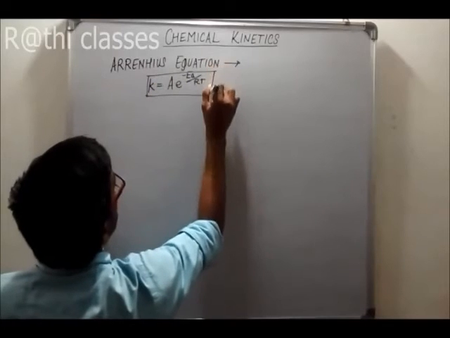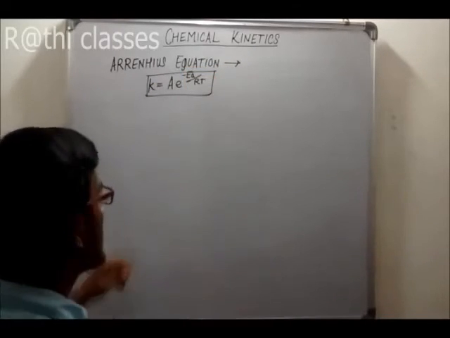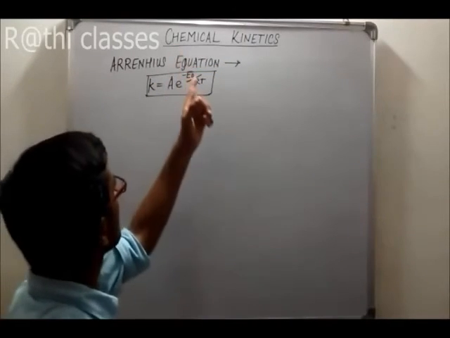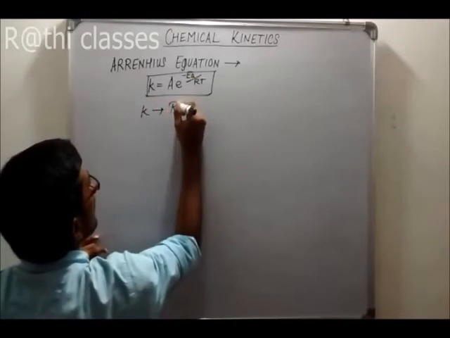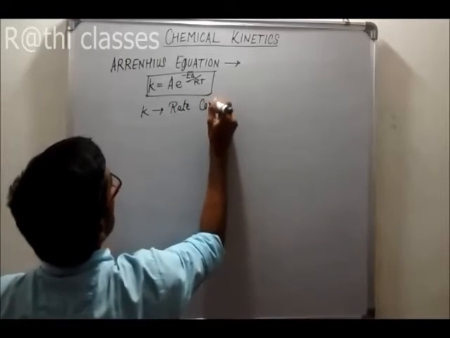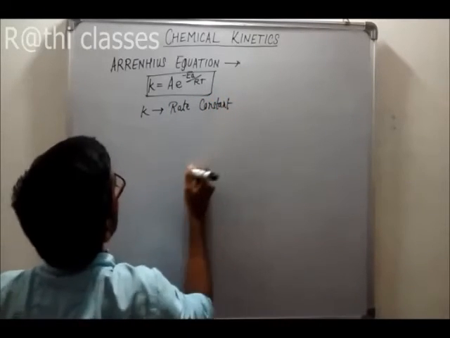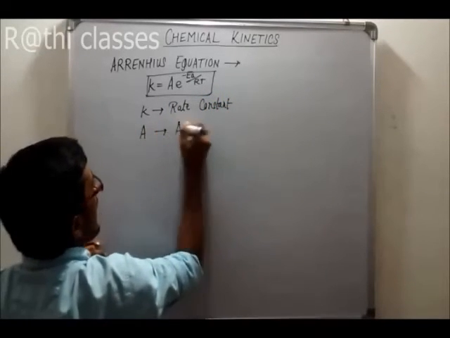This was the relation which Arrhenius derived. Here K is the rate constant which we are using throughout the chapter, and A is the Arrhenius parameter.